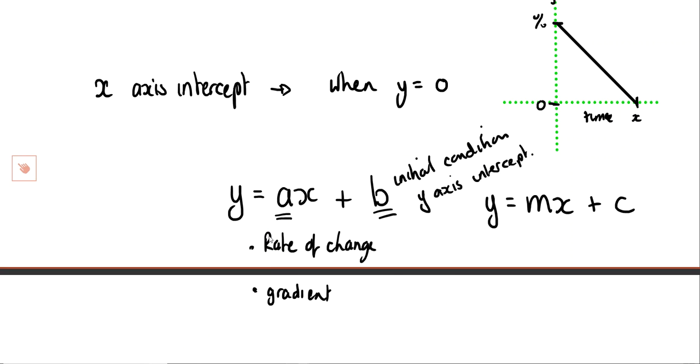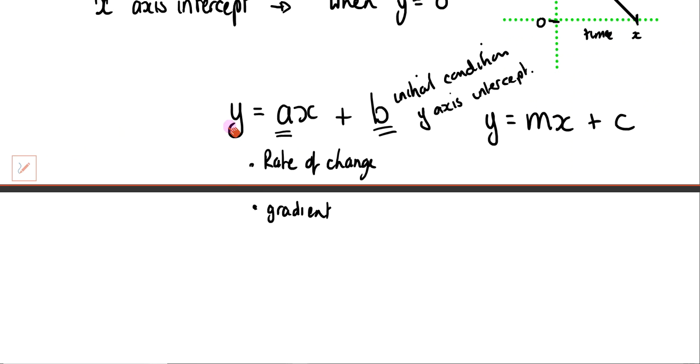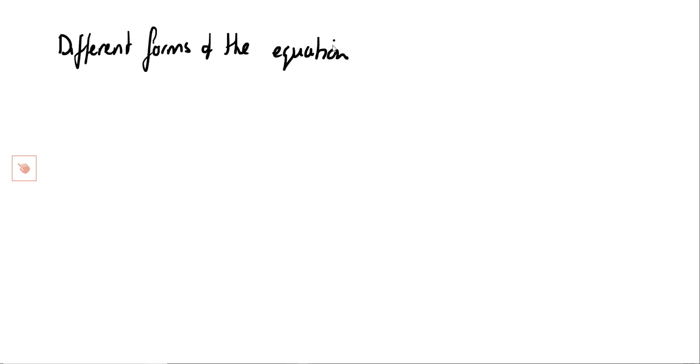Now, what we are going to do today, if you're on page 125, is look at some different forms of the equation. So, looking at that table on page 125, what are the different forms of the equation they're telling you about?